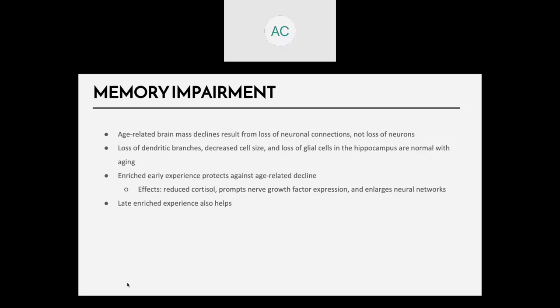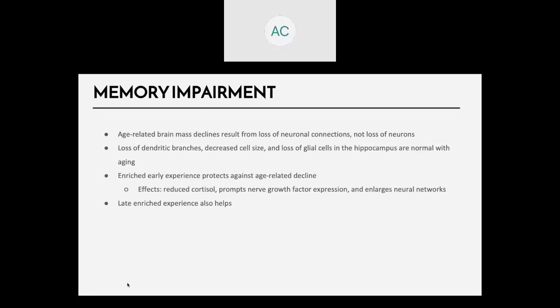It could be those little finite changes in synapses, and that's the most likely hypothesis for what memory is right now. So these neural connections can be damaged by the loss of dendritic branches, decreased cell size, or the loss of glial cells in the hippocampus, and these are all normal with aging.